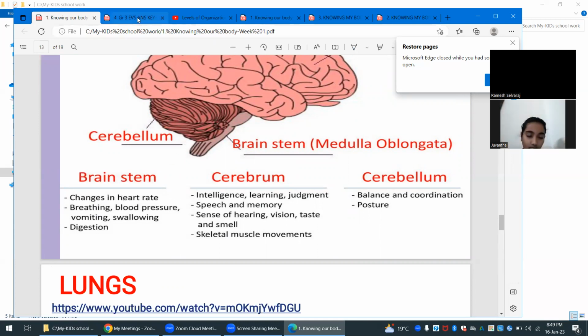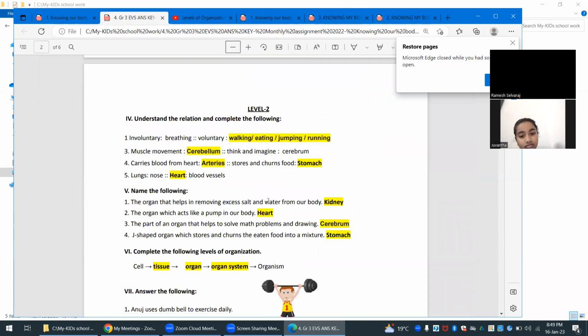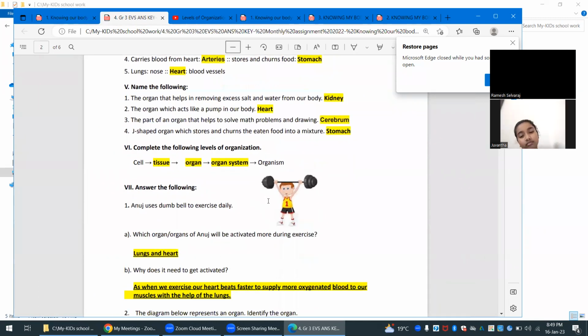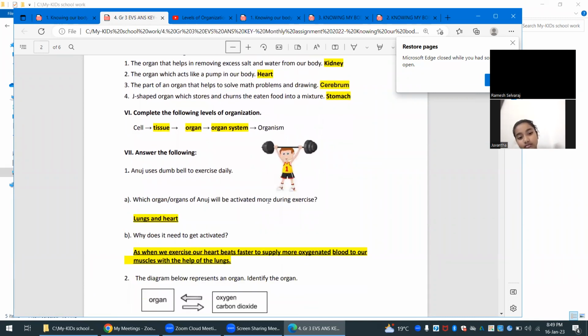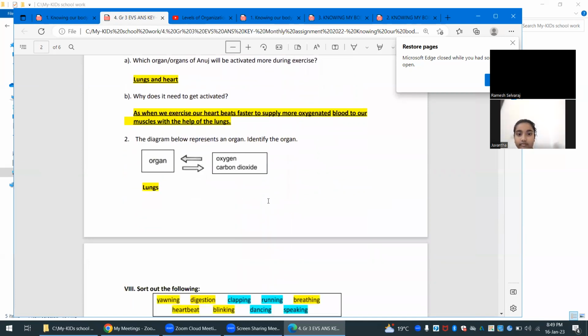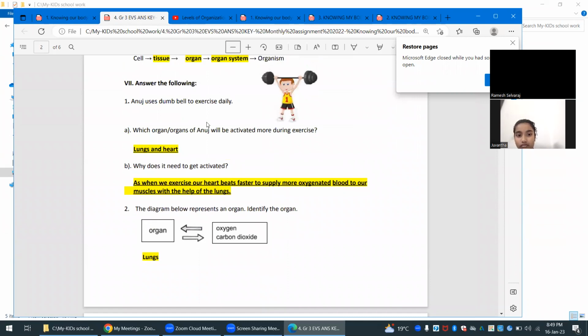Okay, then let's see something else. Anuj uses a dumbbell to exercise daily. This is called a dumbbell, okay? He is using it to exercise daily. Which organs of Anuj will be activated more during exercise? Heart and lungs.